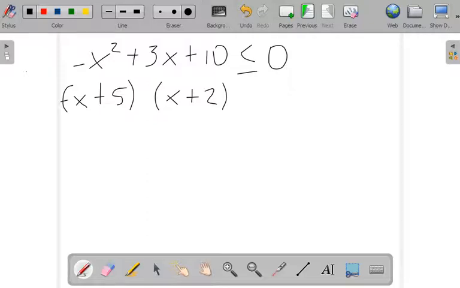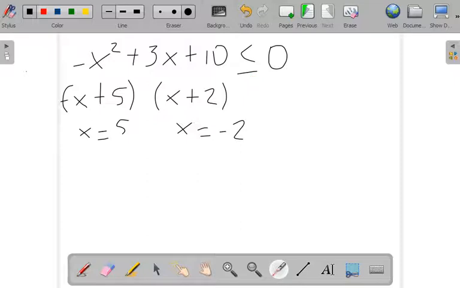So when we do that, we get x equals 5 and x equals negative 2. So this is where our parabola is going to pass through the x-axis. It's going to pass through at negative 2 and it's going to pass through at 5. And these points are going to be included in our inequality because it says less than or equal to. So we're going to put dots instead of circles on our graph.